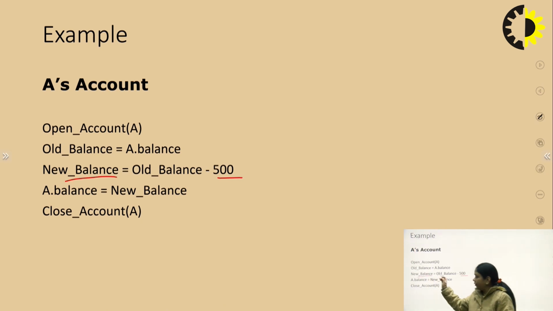Now we have deducted 500 rupees from account A. Now A dot balance will be the new balance, and again we close the account. So in this case we are transferring 500 rupees from account A to account B.